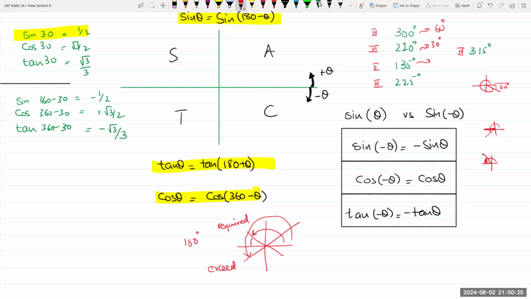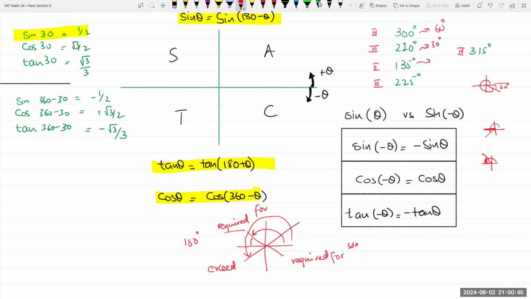If we're in the fourth quadrant, we're looking at how many angles are required to get to 360. So this is required for 180, this is how many angles exceed 180, and this is how many angles are required for 360.